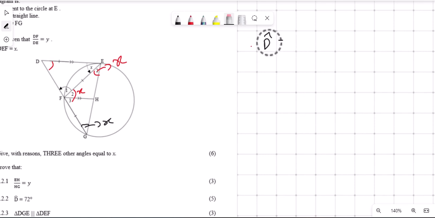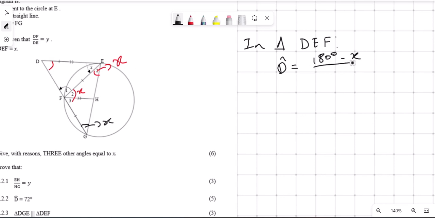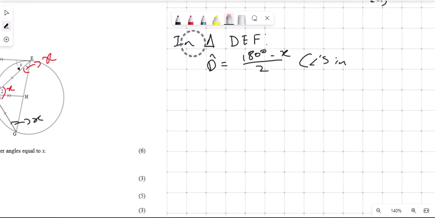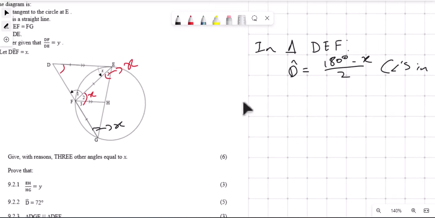So I think maybe we can start by stating, in triangle DEF, angle D is equal to 180 degrees minus X, then we divide by 2 because there are two D's here. Then we say angles in a triangle.